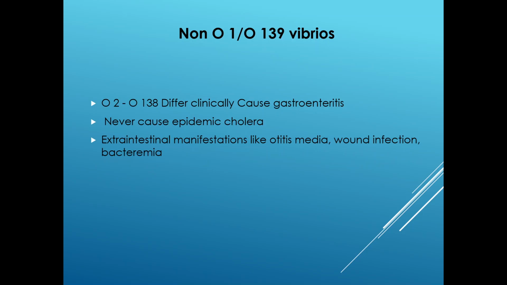Extraintestinal manifestations include otitis media, wound infection, and bacteremia, associated with occupation or recreation, exposure to salt water or seawater. For your understanding, in an agglutination reaction with antiserum O1, you will see a negative reaction.